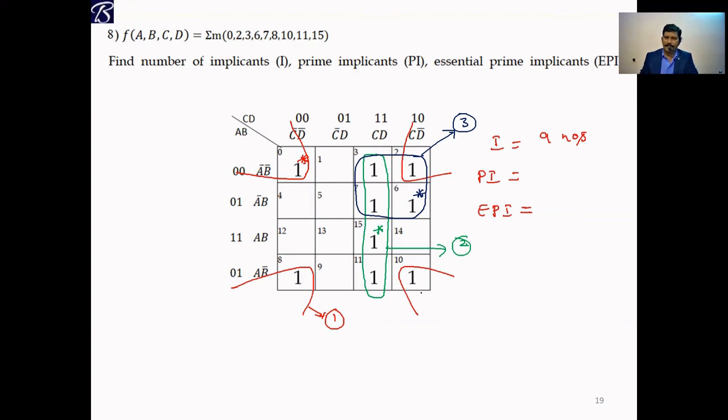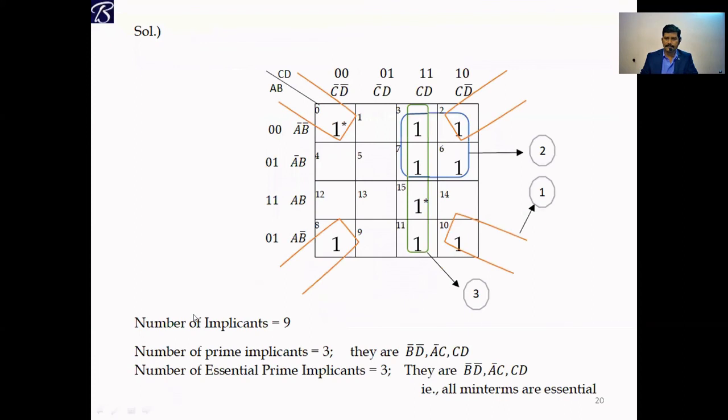Now the output function is completed. How many stars here? 1, 2, 3. So total essential are 3 numbers, and prime implicants are also 3 numbers, right? So the answer is 933. Let us check the answer. 933, right? Please pause the video and note it down.